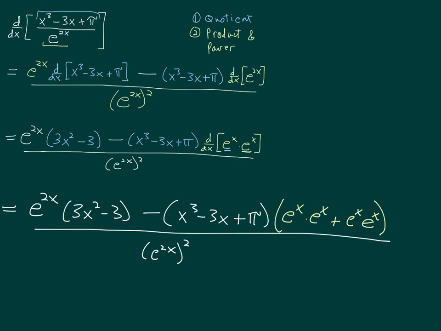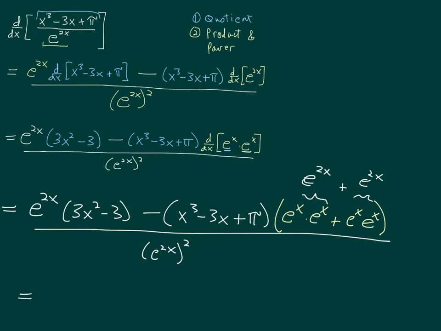Okay. So in our last step, we can simplify this slightly, right? We know specifically e to the x times e to the x is actually e to the 2x. And we're going to have two copies of them. So we can think of this as 2 times e to the 2x.